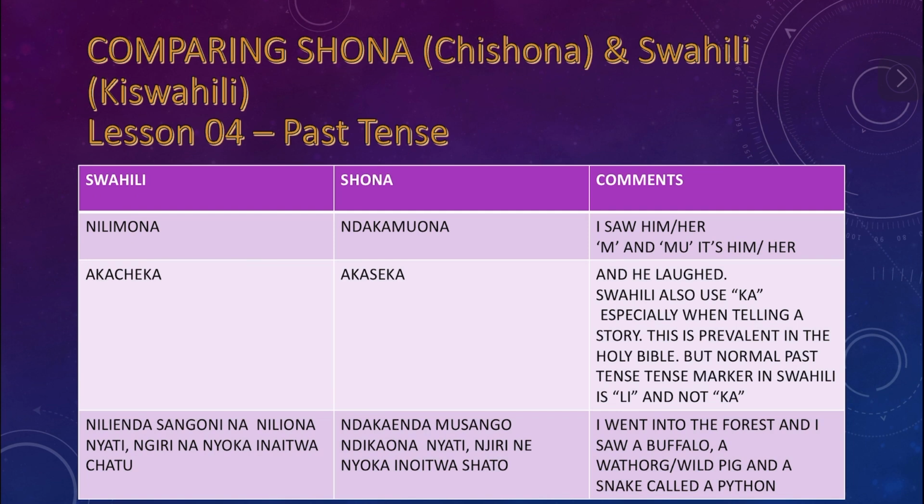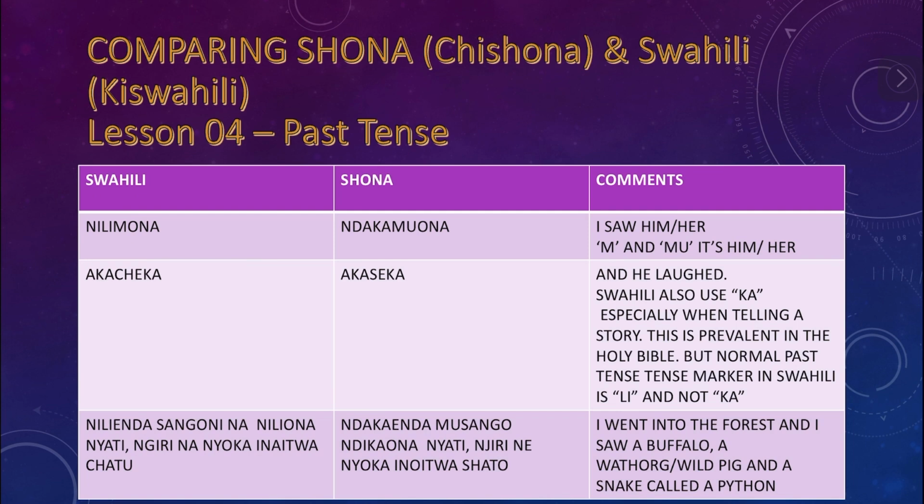To end the lesson, let's look at this long sentence. I'll start in Swahili, then in Shona, then in English, then I will compare also word for word in Swahili and Shona. Nilienda sangoni na niliona nyati, ngiri na nyoka inaitwa chatu.